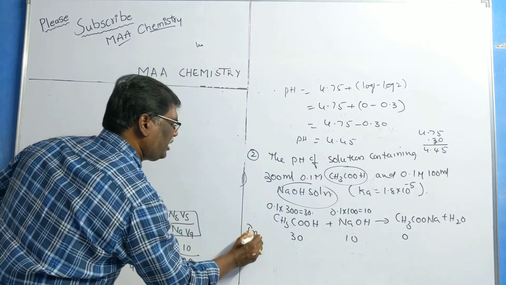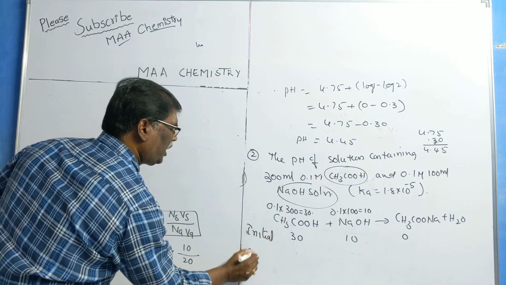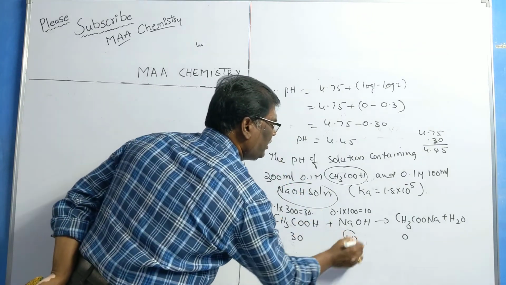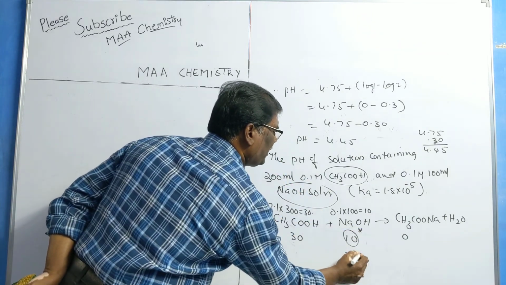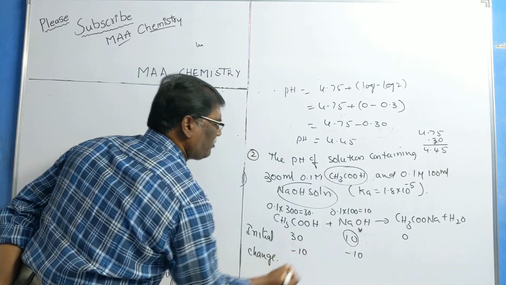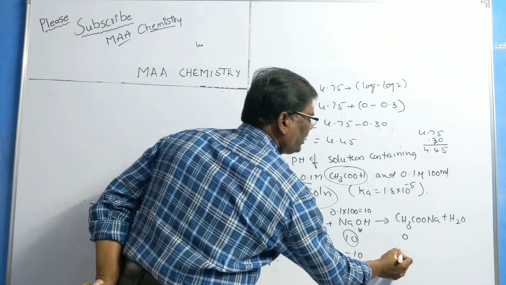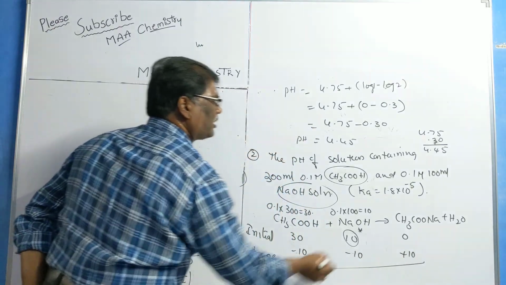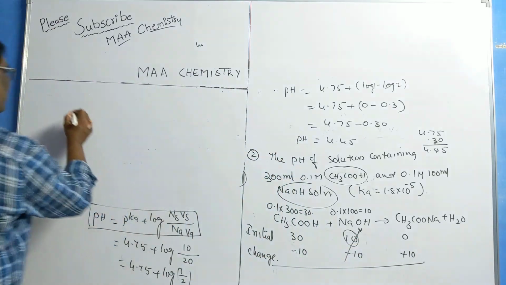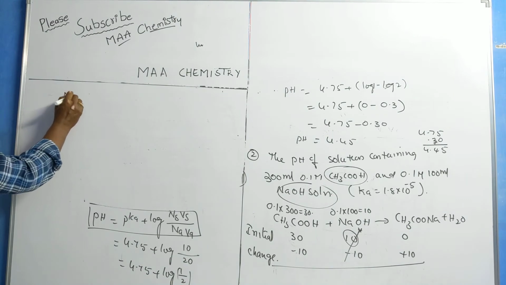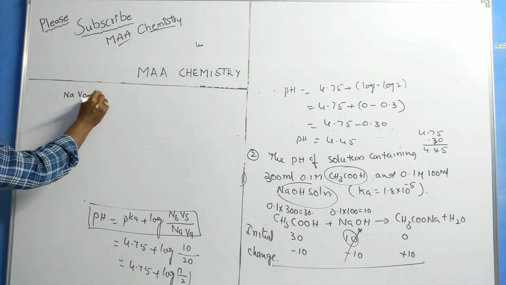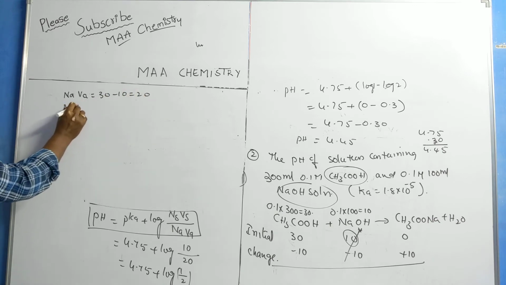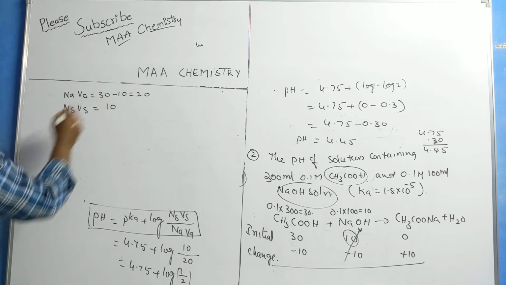Now what is the change? The limiting agent is taken. The base is utilized completely, 10 milliequivalents of acid are utilized, and 10 of salt are formed. So the strength of acid left is 30 minus 10, which is 20, whereas the strength of salt formed is 10.